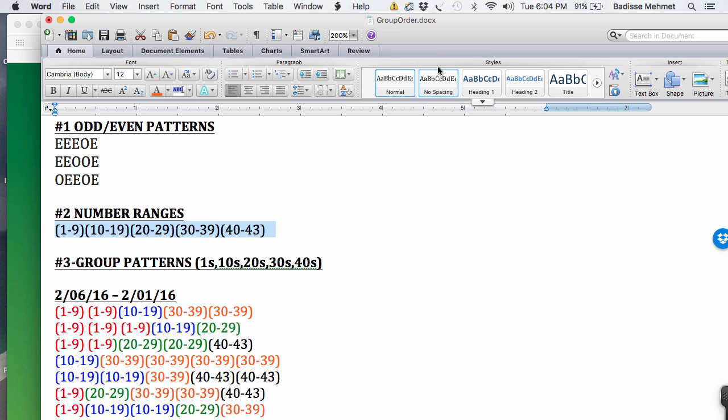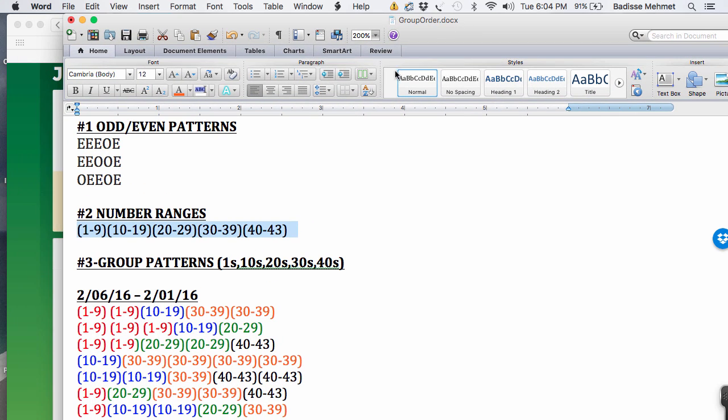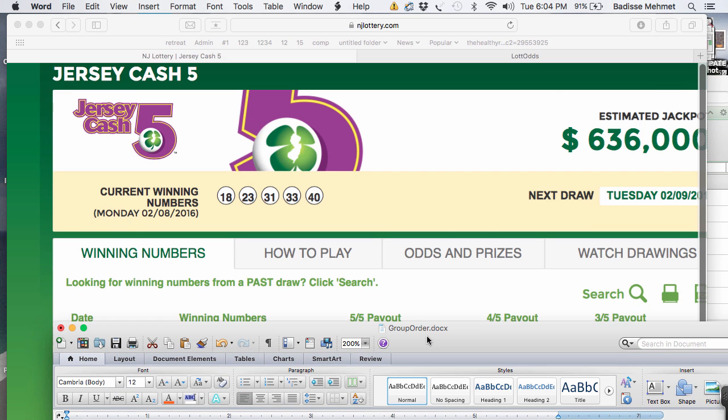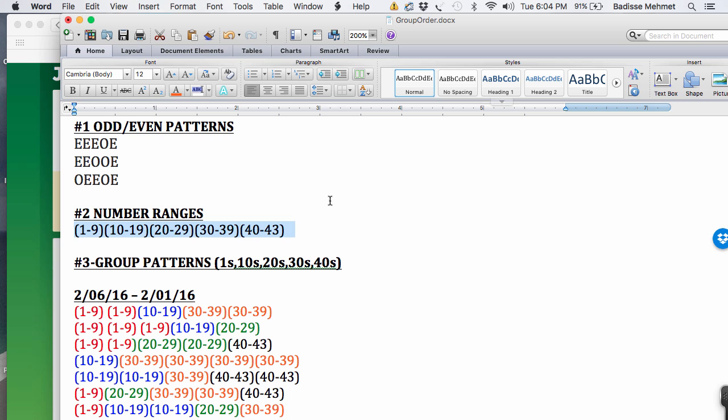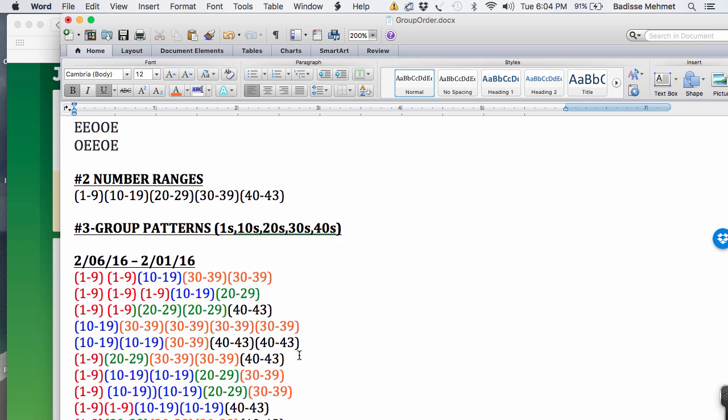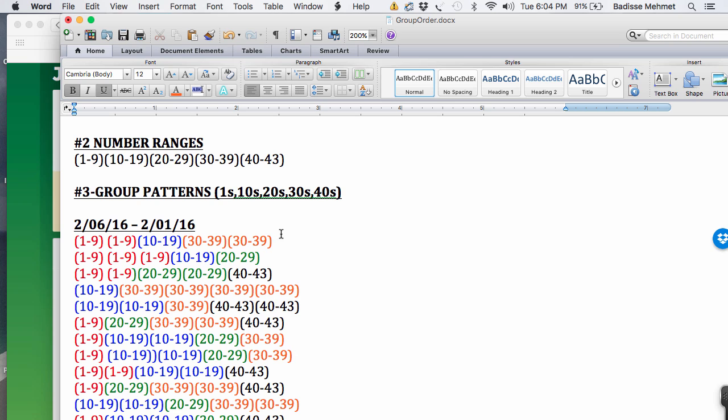For example, Cash 5 in New Jersey, you could always insert your own numbers for your state. This is what you're dealing with for New Jersey: from 1 to 43, those are the lottery balls and numbers that they work with. So these are the number ranges, right? Now, the number patterns right there, do you see that? When I say number patterns, it's 1s, 10s, 20s, 30s, 40s.